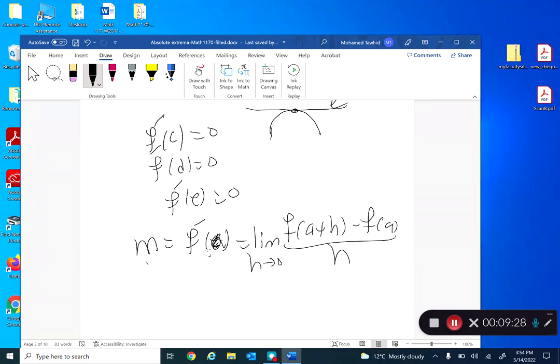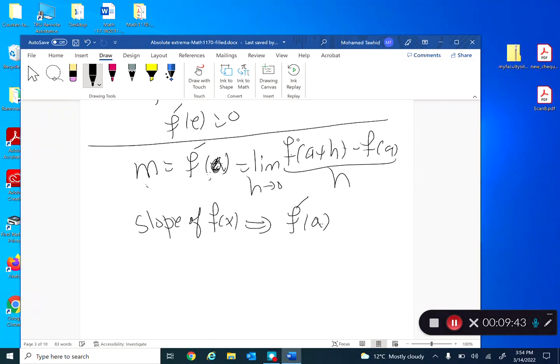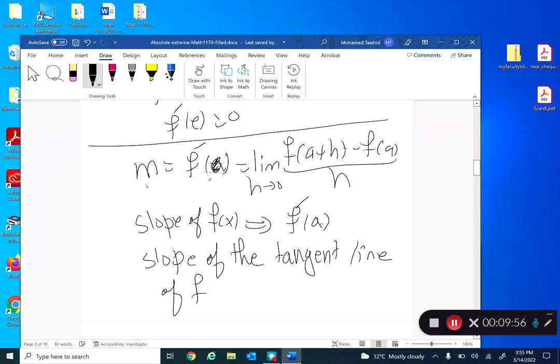Also f here could be a nonlinear function, and we mentioned before, to get the slope of your f of x, it is nothing but the derivative at a specific number, a specific number that gives you the slope of the tangent line of your f of x at x equal a.